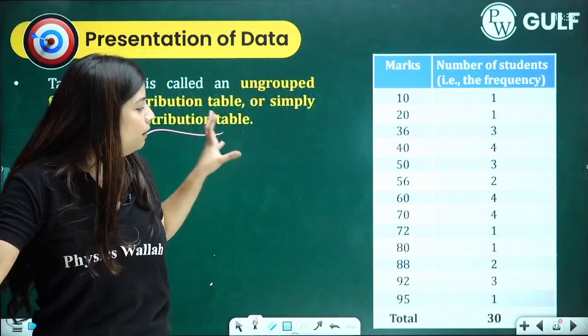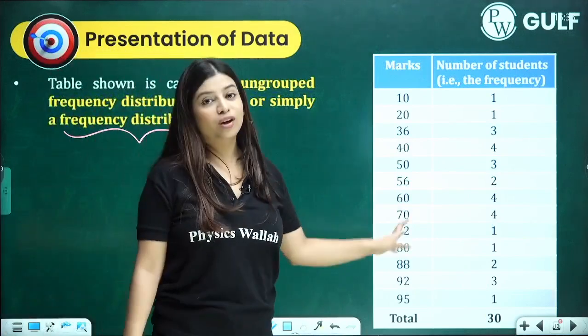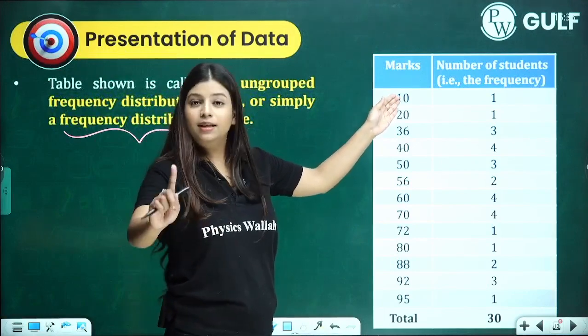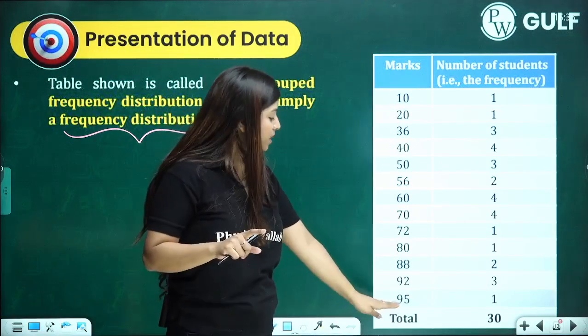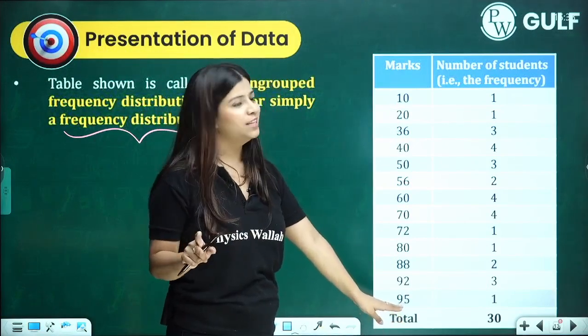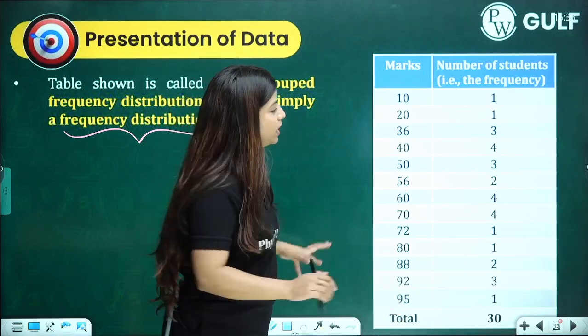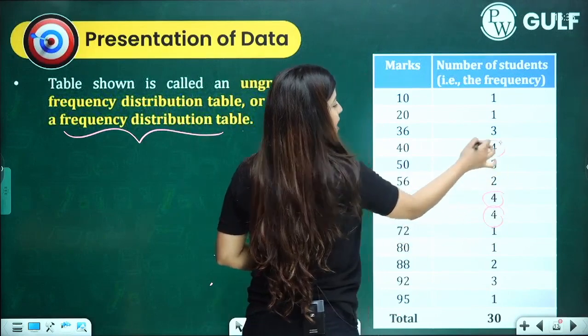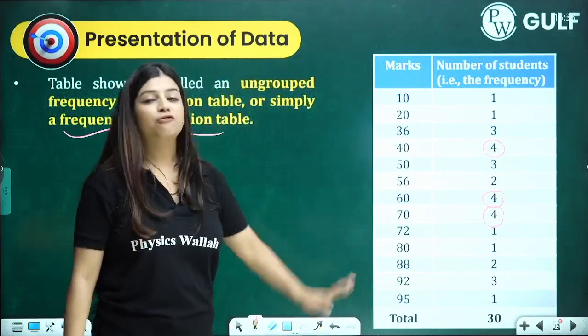You are clearly able to get knowledge from this data that, alright, 10 marks were also secured, that means 10 were the least marks. 95 was the maximum marks any student has got, and also we can see that the majority of students got 70, 60 and 40 marks. That means 4 of them.